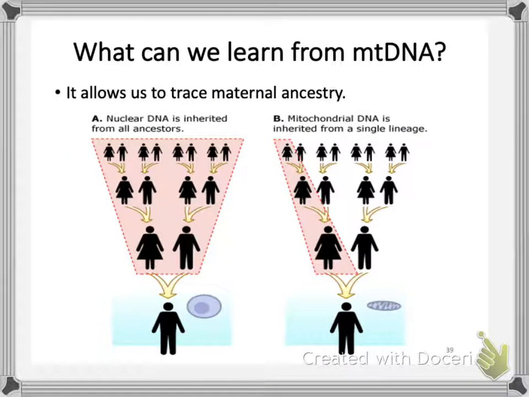So why do we care about mitochondrial DNA? Well, mitochondrial DNA allows us to trace maternal ancestry. Now, DNA from the nucleus, it's really cool in the fact that it's a blend of both your parents. You get DNA from your mom and from your dad in the nucleus. But that can be really hard to track, right?